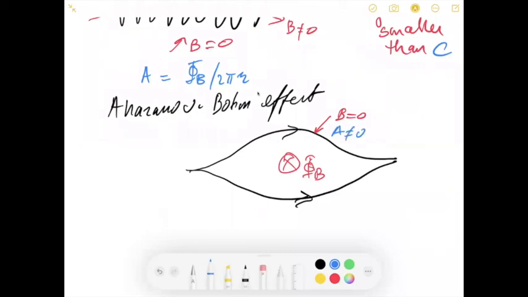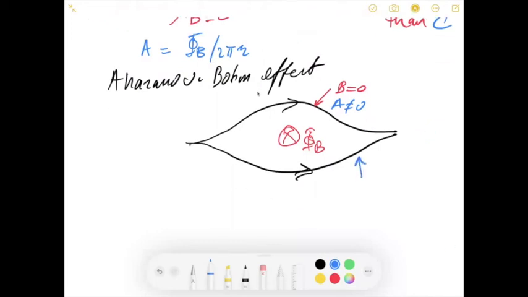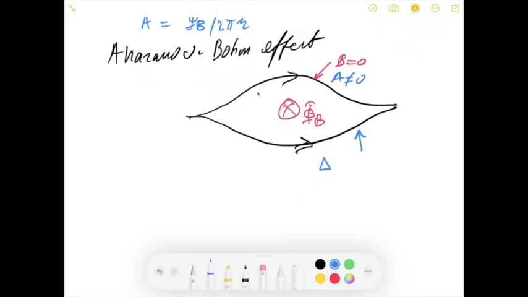Then it turns out that for particles that go over a path like this, they pick up a quantum mechanical phase difference that is q over h bar times the integral of A dot dl. I'm running out of space.